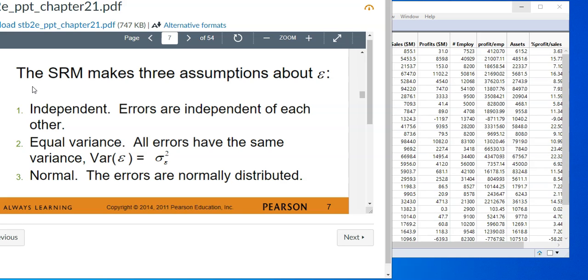They're supposed to be independent, meaning that the correlation among them is 0. Equal variances, so the changes or range or standard deviation around the line is the same, it's not changing too much. And they follow a normal probability distribution, meaning the majority of them are supposed to be close to the line.